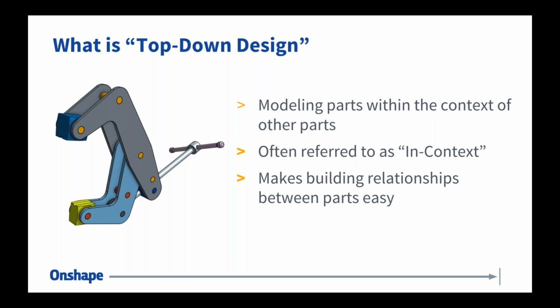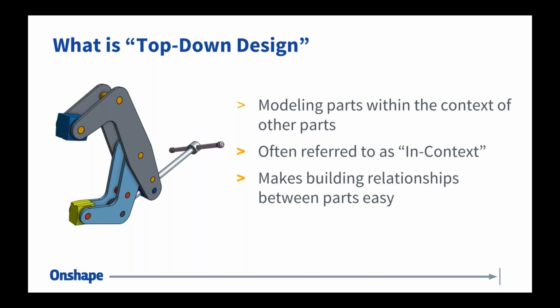And the main reason to do this, rather than modeling each part independently, is it makes it very easy to build relationships between parts. It makes modeling those parts that tie things together very easy. If you find yourself modeling each part independently, you'll find yourself also taking a lot of measurements and jumping back and forth a lot between parts that are interrelated.